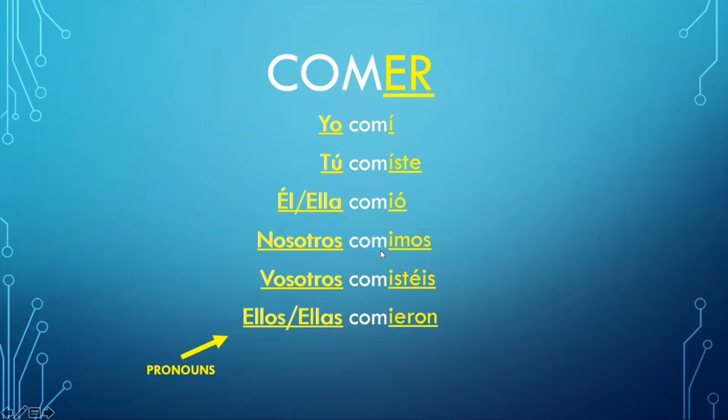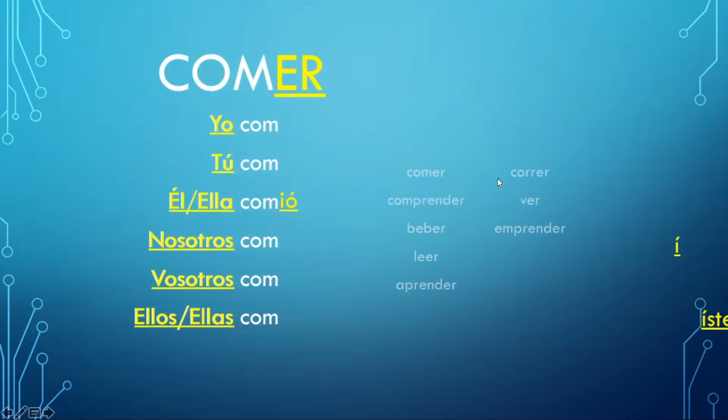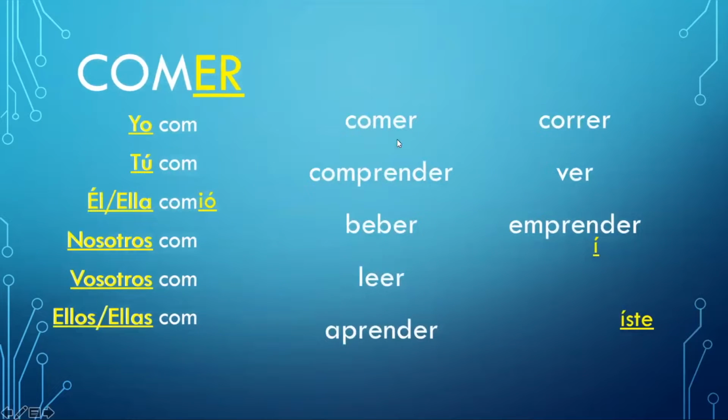It's not a problem to leave out the pronoun. It's actually more natural, if you like. We have lots of verbs like comer, comprender, beber, leer, aprender, correr, ver, emprender. All of these verbs will use the same conjugation.